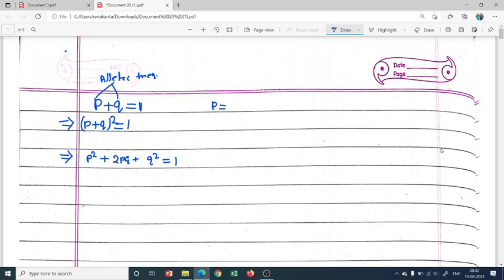Suppose there are two characters, capital A and small a. So p is equal to the frequency of A, and like that q is equal to the frequency of small a.